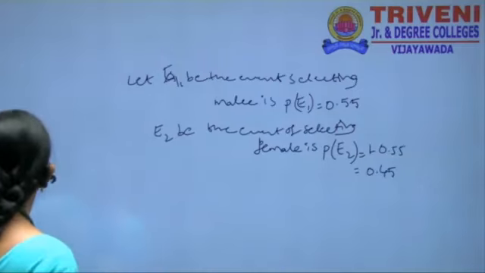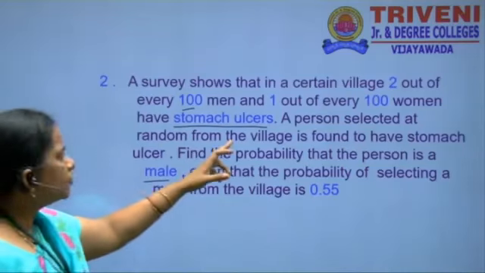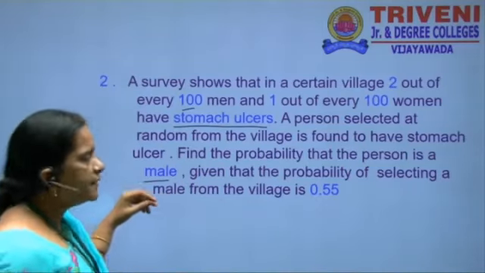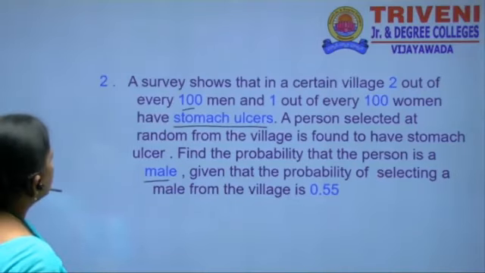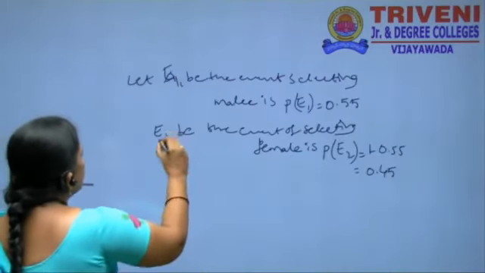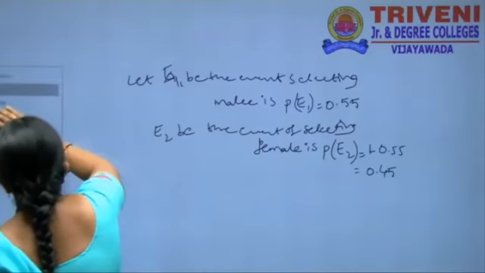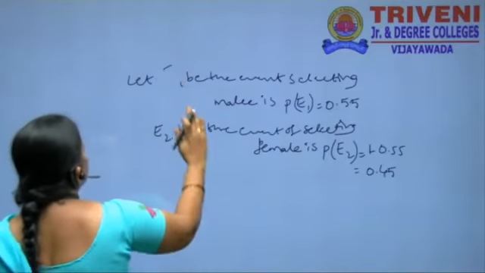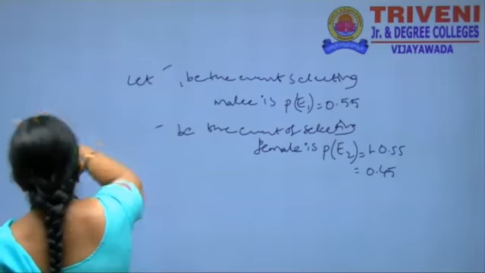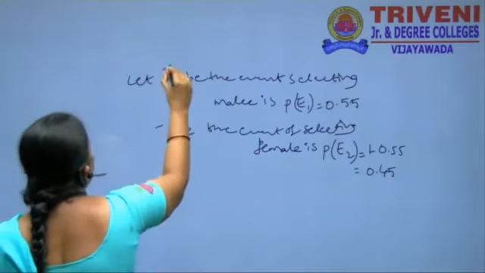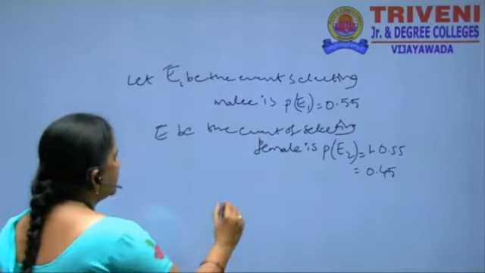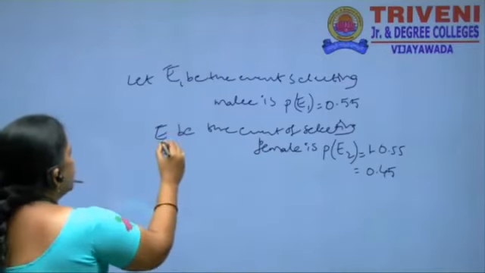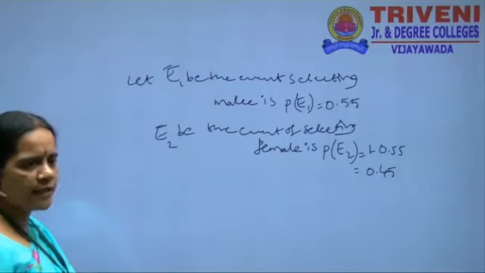The given rate for men is 2 out of 100. Here we take E as the event of having a stomach ulcer, and E1 and E2 as the events of selecting male and female.